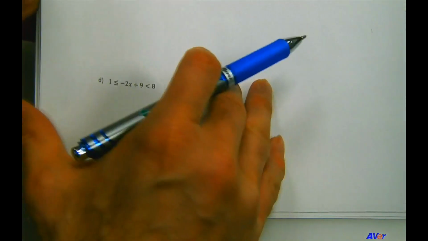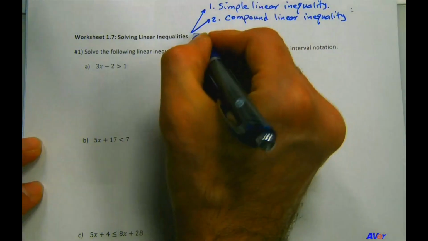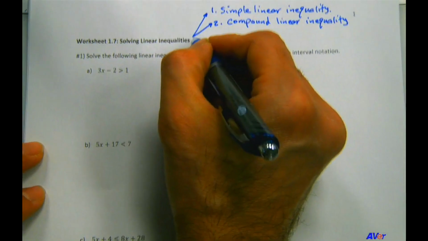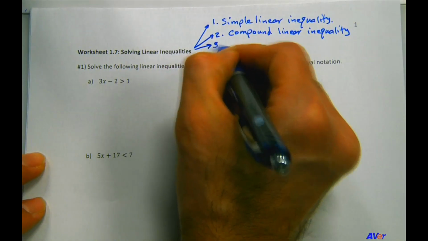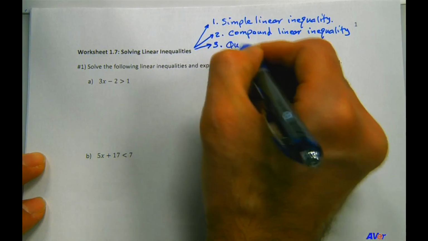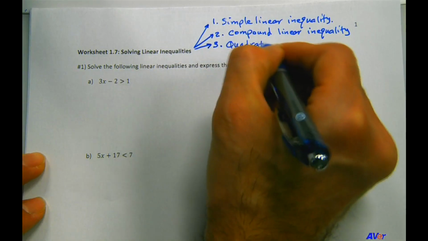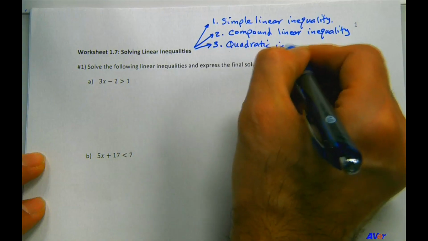Okay, let's see if I have other examples of that. No, that's the only one, because that's the only one that this section talks about. The other type of linear inequality, these are very, very important categories, are the quadratic inequalities.